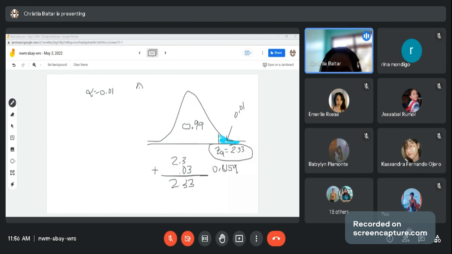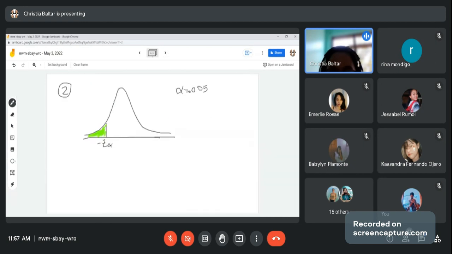Okay. What about number 2? The second situation. Would anyone like to try? What do you think could be the critical value? Left lower tail. So it's a negative value of Z. Okay, there are 5 points for those who will participate.